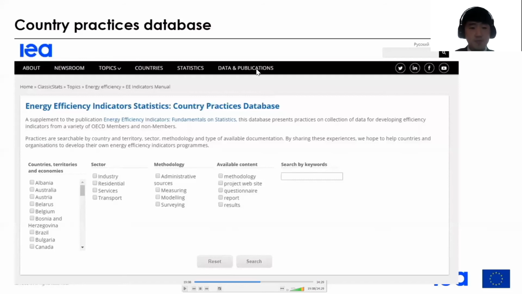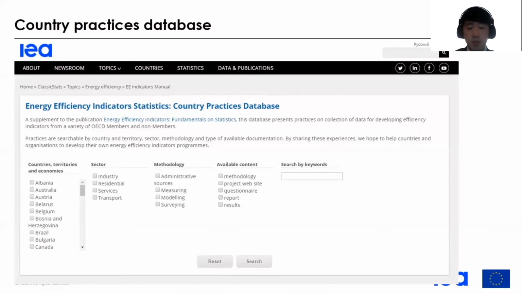Actually, that was introduced during the presentation. We also have the database, named the country practice database, which shows how other countries developed their own end use data collection. Also, I can share the link for this database so you can have a look. I will share it in the chat.